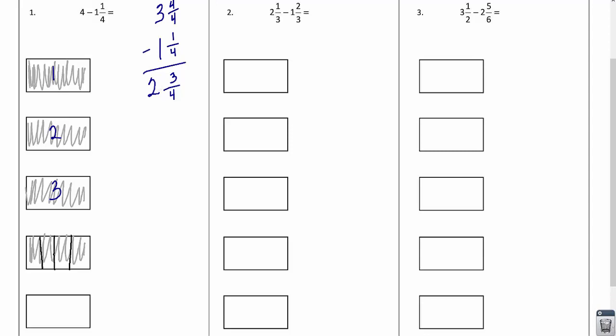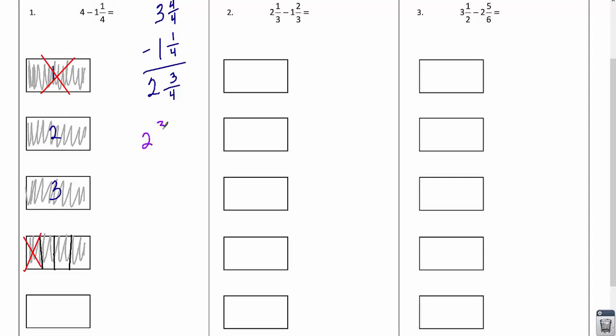All right, so let me just show you what we took away. We took away 1, there's the 1 we took away, and we took away 1/4. So we were left with these 2 and 1, 2, 3 fourths. Now I told you we're going to check our work each time by adding back.